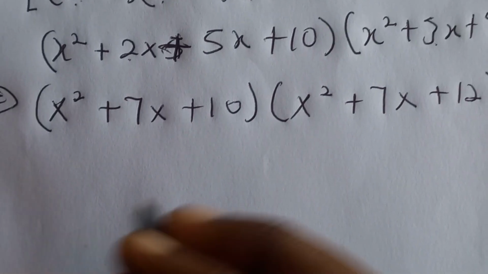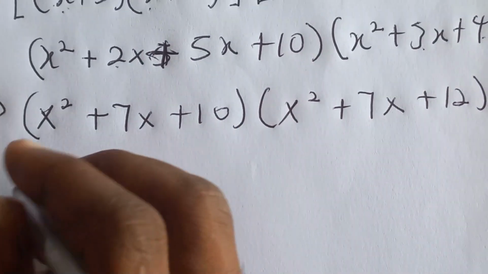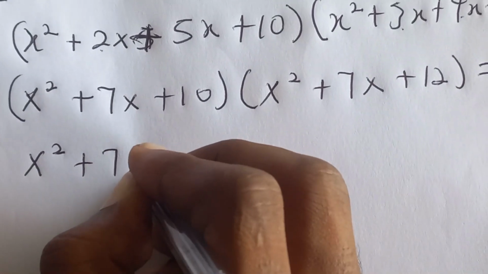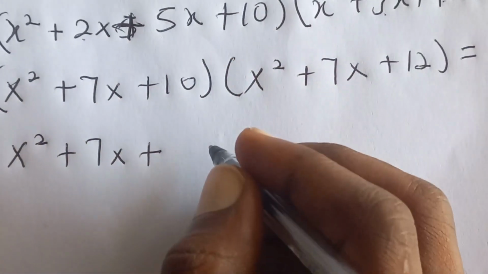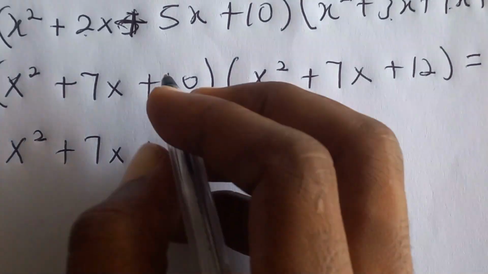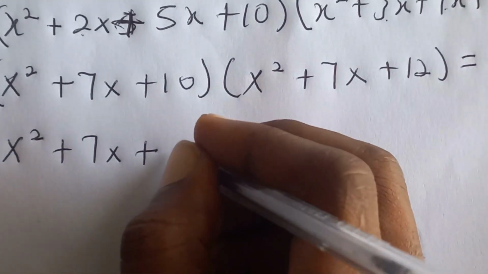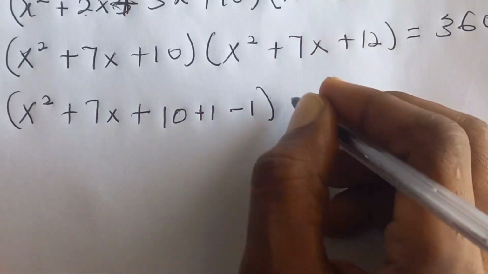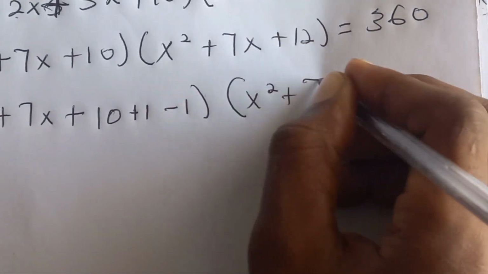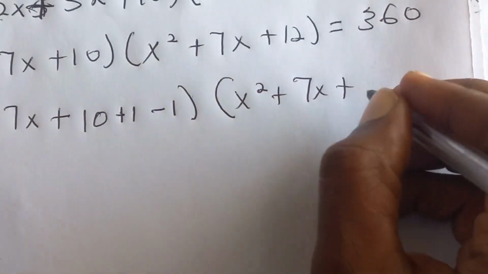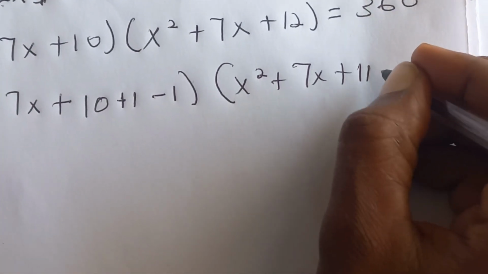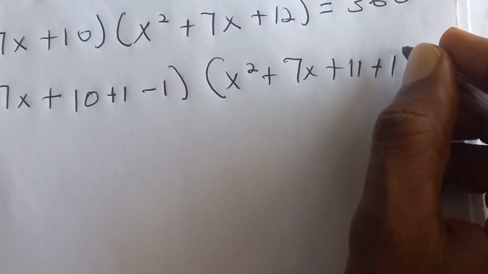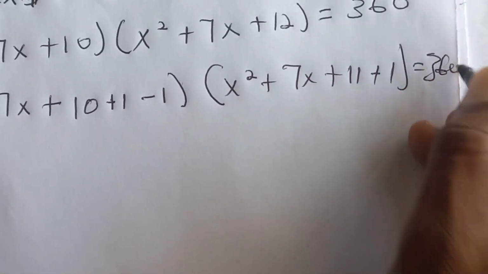So now, with this, we can say that x squared plus 7x plus, so this 10 we can write as 10 plus 1 minus 1, in bracket, times x squared plus 7x plus this one too, we can make it 11 plus 1, which is equal to 360.